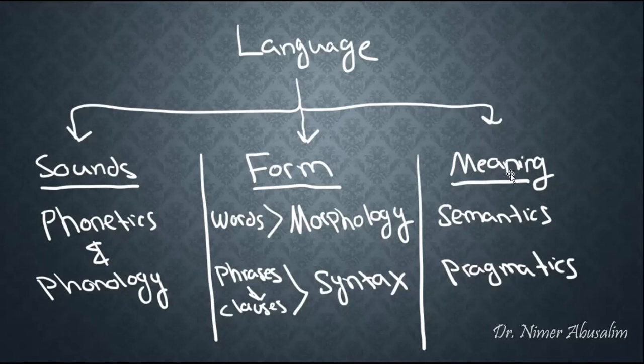What is form? Talking about form, for example, we have morphology, which is the study of words. What is syntax? Phrases and clauses. I feel really comfortable with all of you, because I'm very sure that if I ask you what a verb is, you know what a verb is.